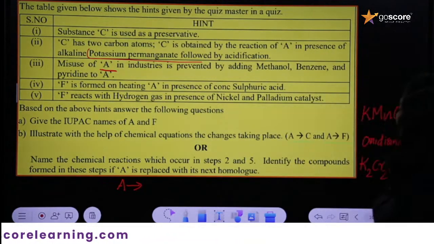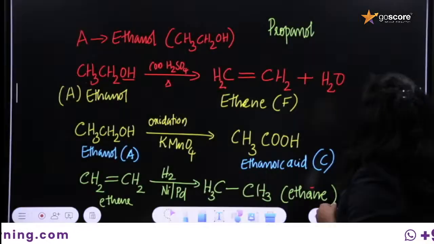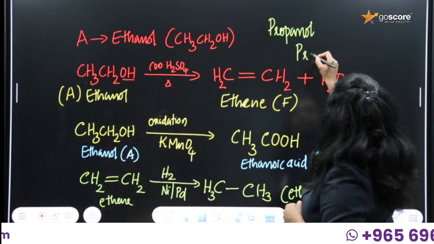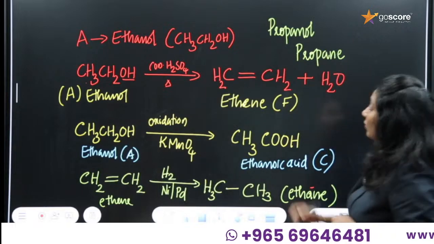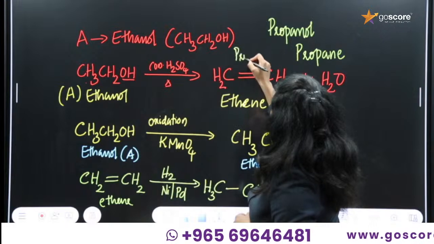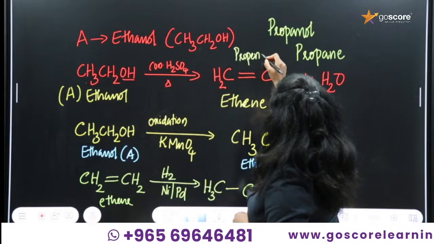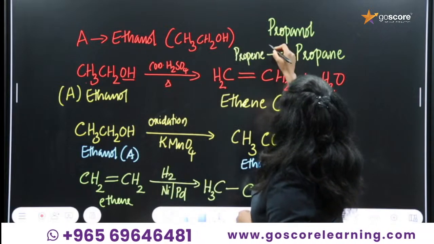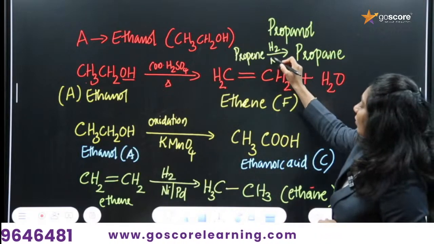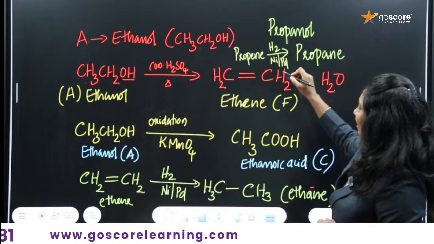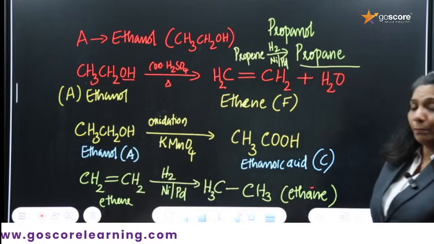So you can write the name propane, an alkane, because you are doing the addition of hydrogen to propene in presence of nickel or palladium or platinum catalyst, you will be getting propane.